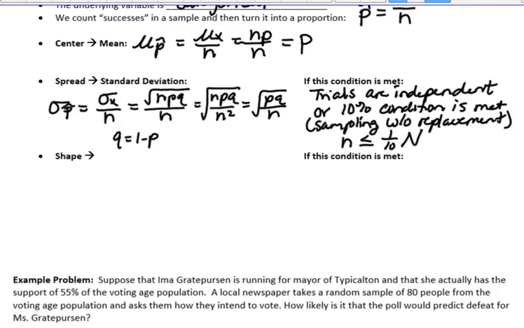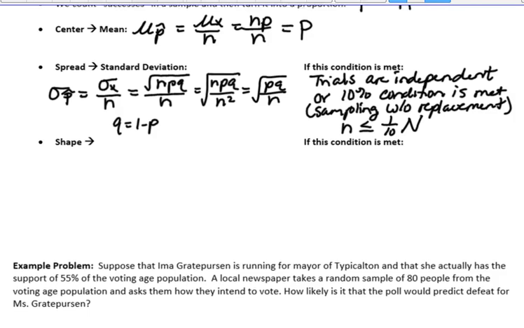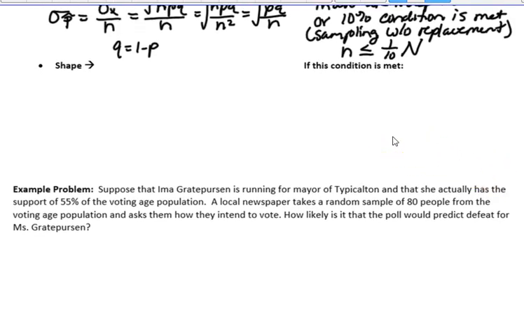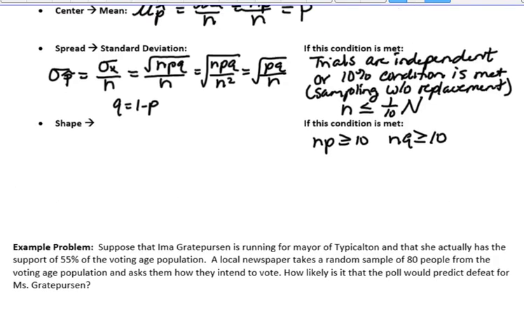So we found out there was a condition for the binomial distribution that np and nq both had to be greater than or equal to 10. And this is the same condition that has to be met for the distribution of sample proportions, because the shape of the distribution isn't affected by dividing by a constant. The only difference between a binomial distribution and the distribution of sample proportions is that we're dividing by n, which is a constant, the sample size.